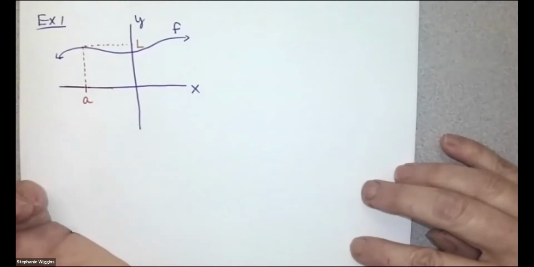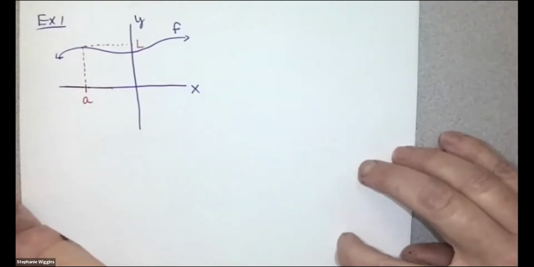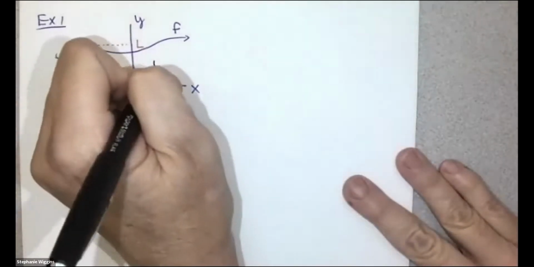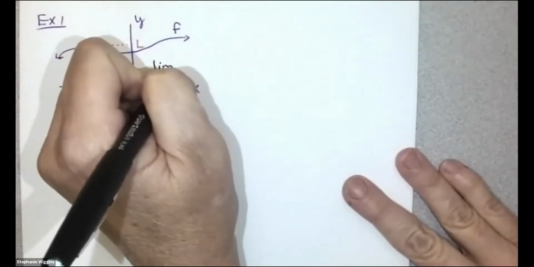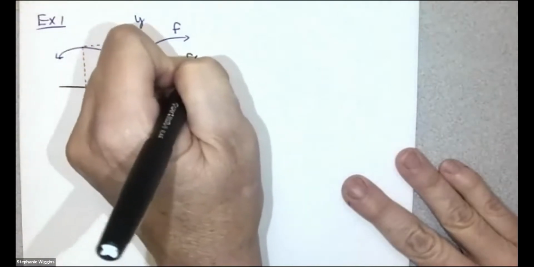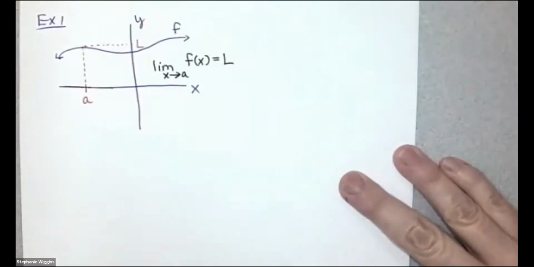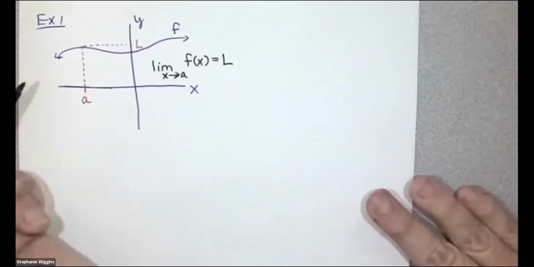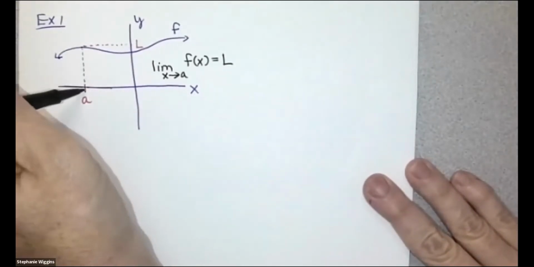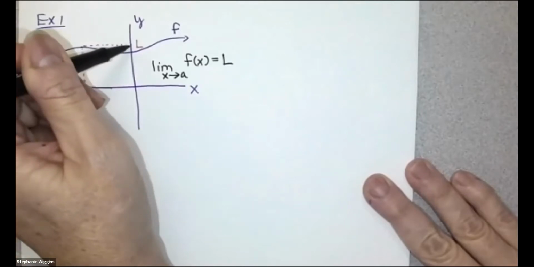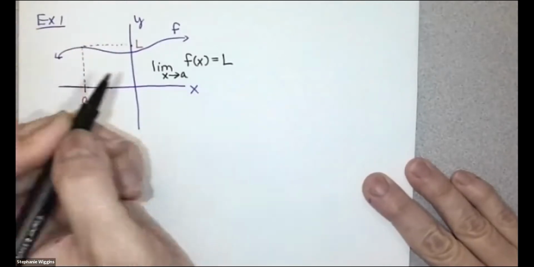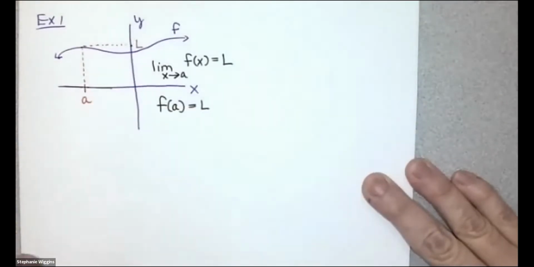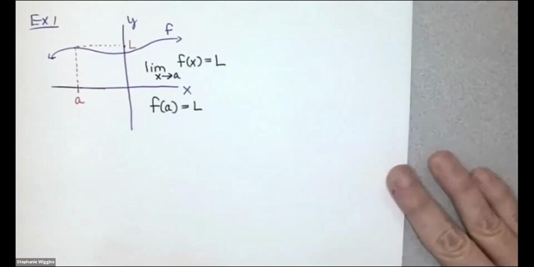So in this particular example, we say that the limit as x approaches a of our function f of x is equal to L. And notice that f of a, if you're exactly at a, we go through the function, you're going to be exactly at L. So for this particular example, f of a is equal to L.